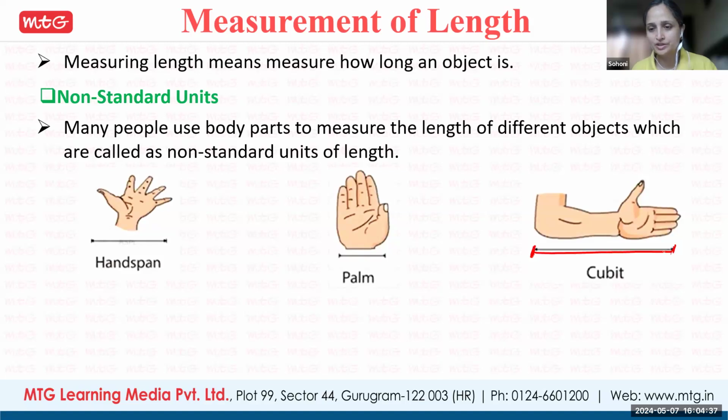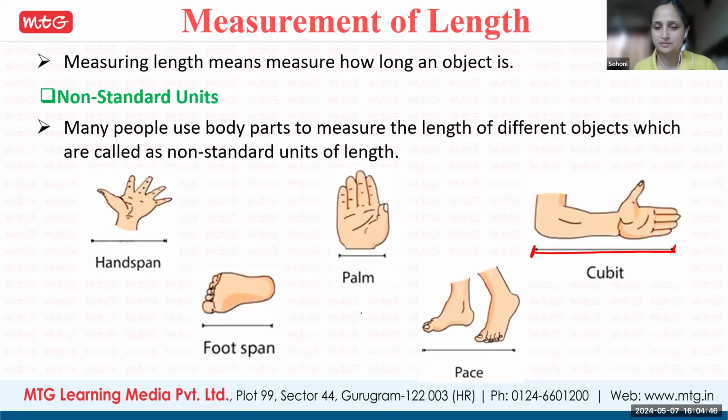So this is cubit. Then foot span. And then pace. Pace means between 2 foot. So we can use this to measure the length.